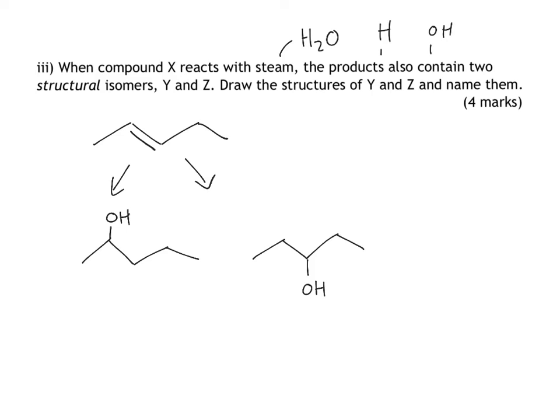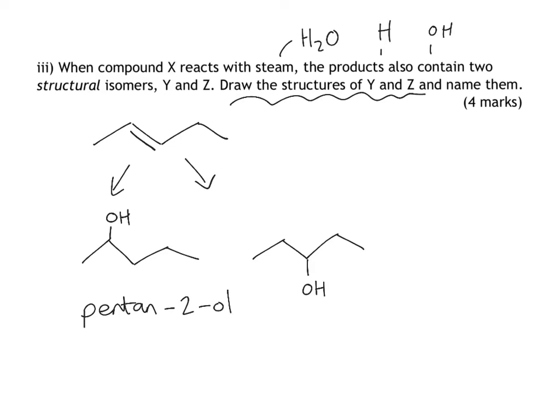So there's my structures. It says draw the structures. Drawing the structures means that you can do skeletal, you can do displayed, you can do structural formulae, it doesn't matter. So I'm going to call that one pentan-2-ol.